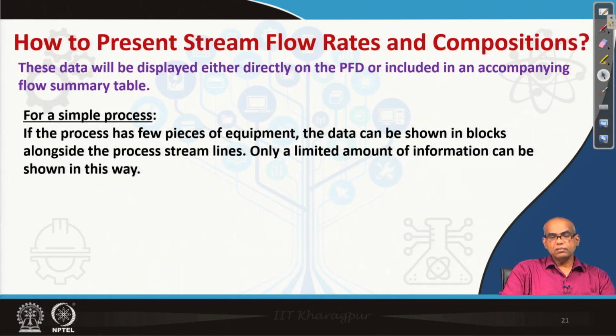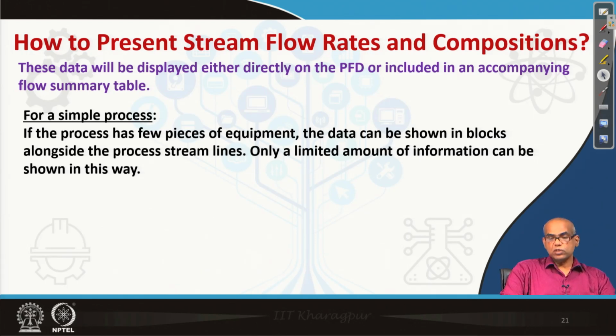Now, how do we represent stream flow rates and compositions on a process flow diagram? These data will be displayed either directly on the process flow diagram or included in an accompanying flow summary table. For a simple process, if the process has few pieces of equipment, then the data can be shown in blocks alongside the process stream lines. Only limited information can be shown this way.